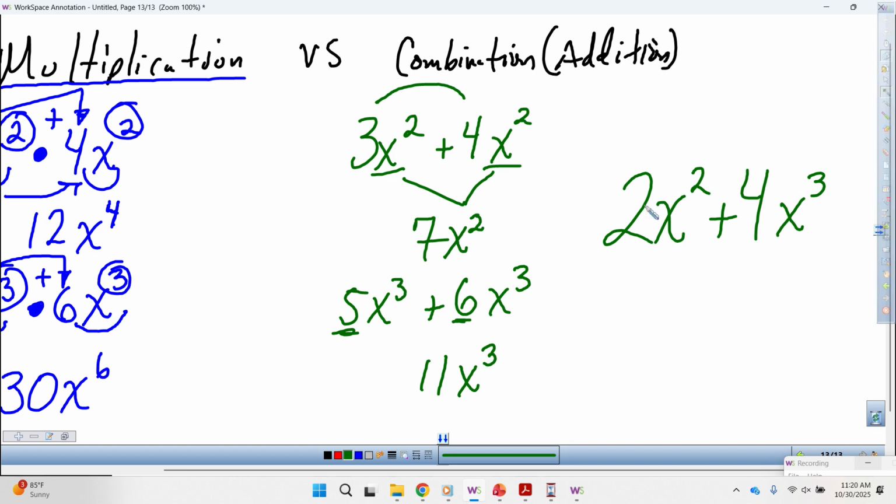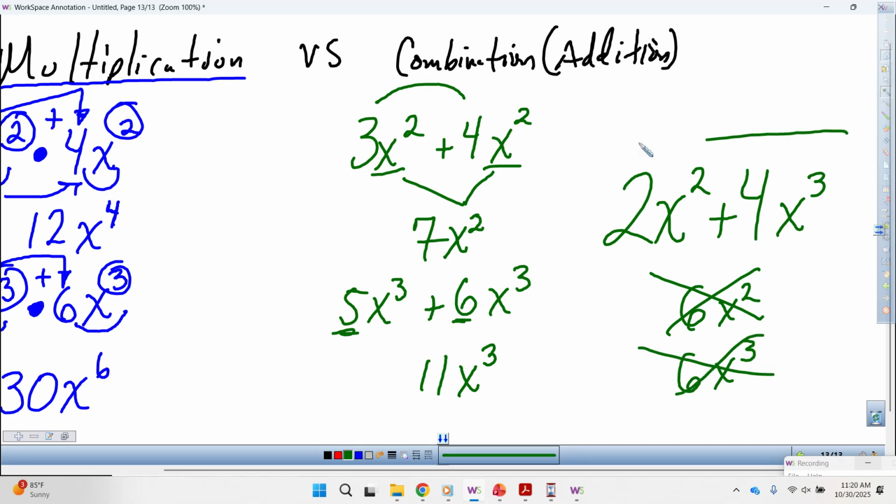These are cats, is that correct? These are dogs. Could I write 6x squared? No, because they are either cats or dogs, so this doesn't work. Could I write 6x cubed? No. So that means we can't do anything, Mr. Q? No, because they have to be the exact same variable with the exact same exponents. That's why we cannot combine them.